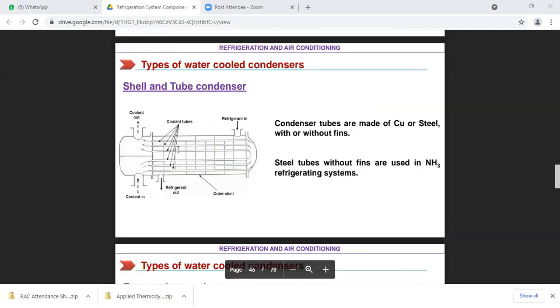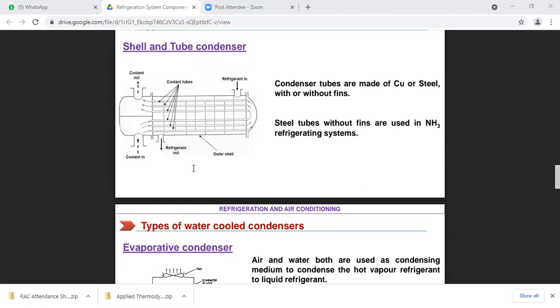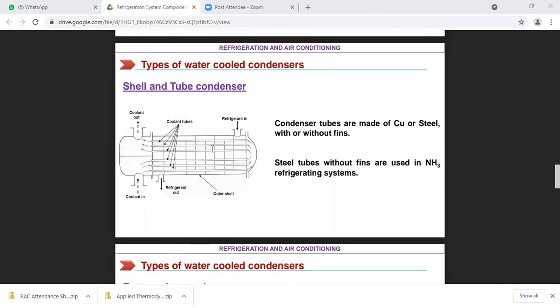Next is the shell and tube condenser. These are similar in construction to the flooded type chillers. A number of straight copper tubes with integral fins are placed parallel to each other, and eccentric fusion we are providing.